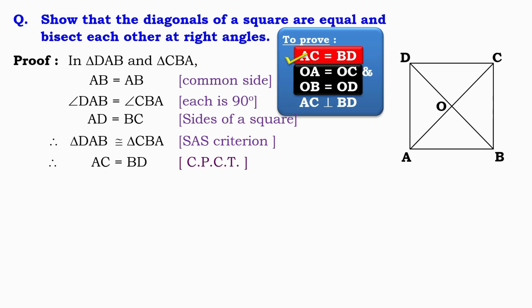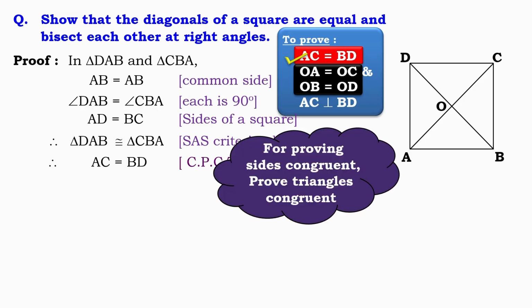Now we need to prove that OA equal to OC and OB equal to OD. For proving sides congruent, let's prove the triangles congruent. In this case, let's take a look at what the sides are over here.